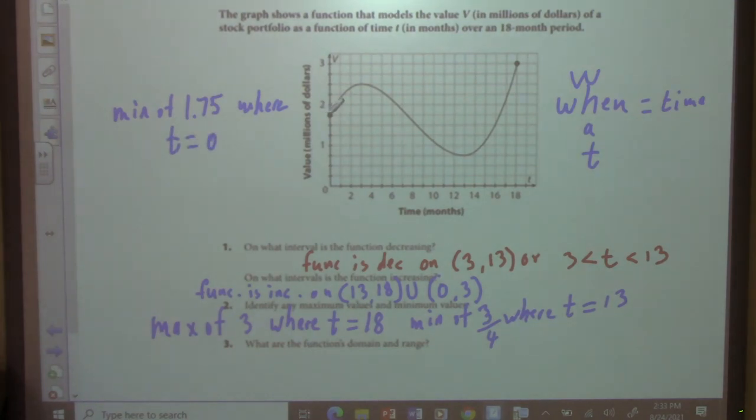Why are there 2 minimums if the other one is lower? Okay, why is it 3/4? And then there's another maximum of 2.5 where t is equal to 3.